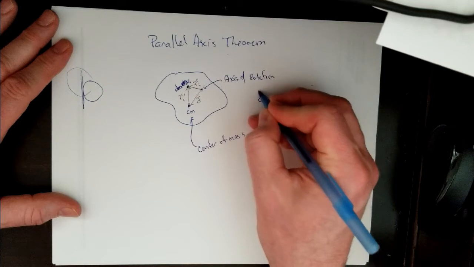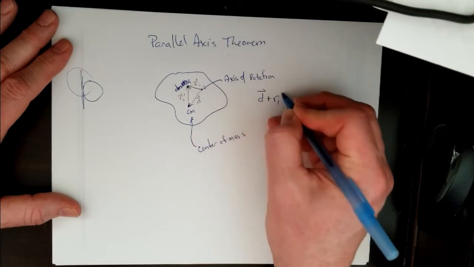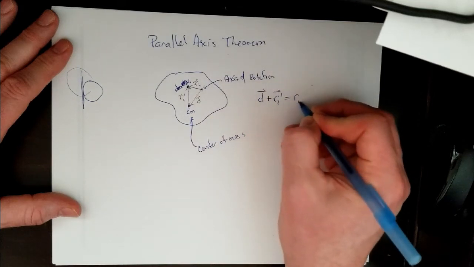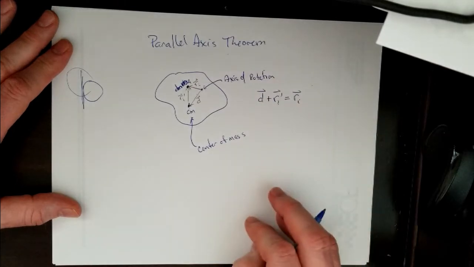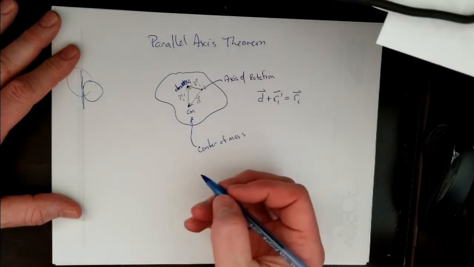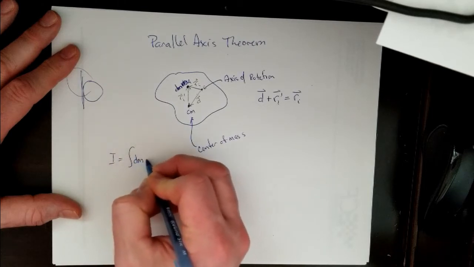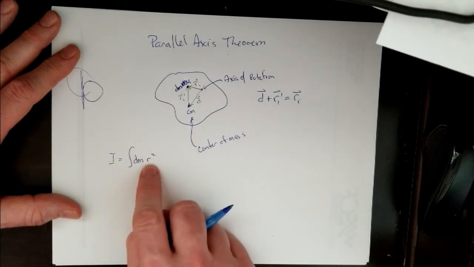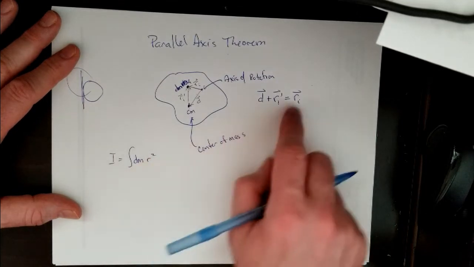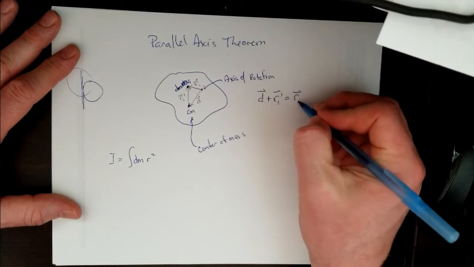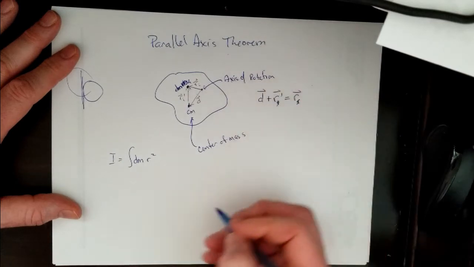If I take my vector d plus r_i prime, I get r_i. Because ultimately, the moment of inertia is the integral of r squared dm, and this r is the distance from the axis of rotation to where the mass is. I don't have to write r sub i, I can just write r.